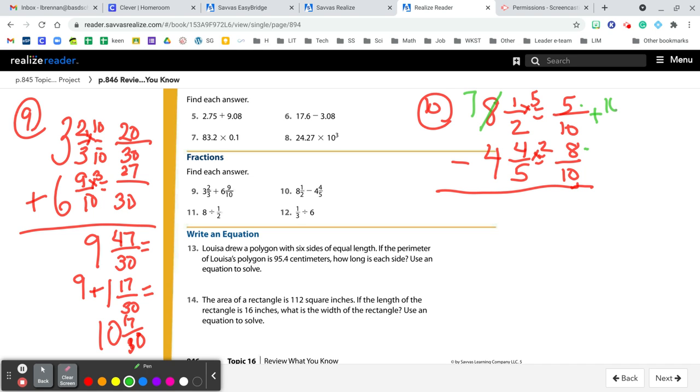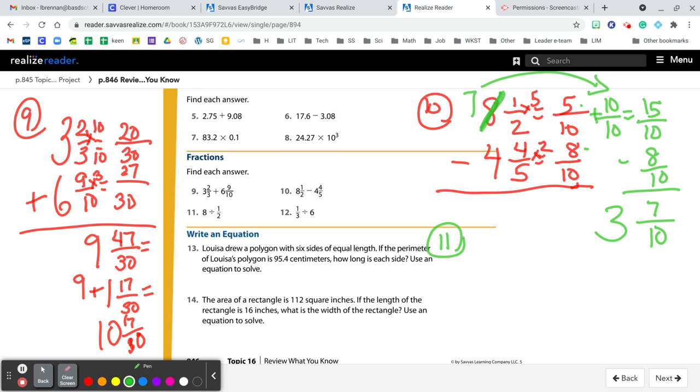And remember, when I borrow, I use my denominator that's already there. 10 over 10 equals 1, because I borrowed 1 from the 8, and I brought it over here. Now I can subtract 15 minus 8. 15 minus 8 is 7 over 10, and 7 minus 4 is 3. So we have 3 and 7/10.